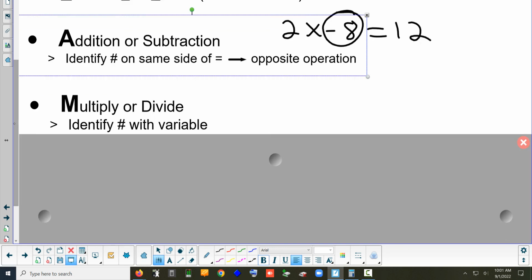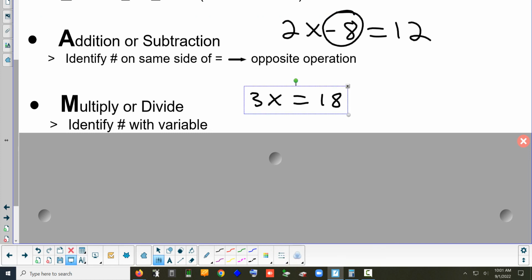When you have multiplication or division, what you're doing now is identifying the number that is with the variable. Here's an example. 3x equals 18. If I got to a problem like that, I would identify the number with the variable and say, okay, the number is 3. Depending on the type of number, it's going to control whether you multiply or divide.